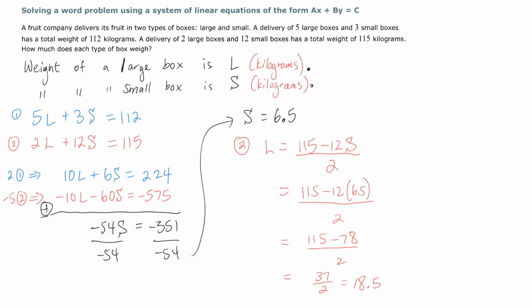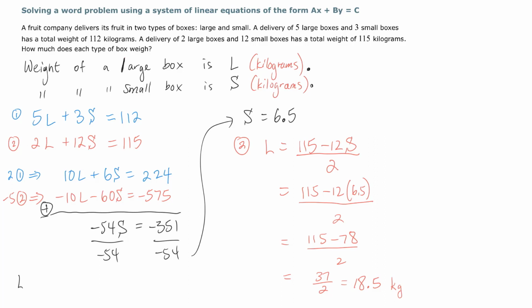Of course, don't forget your units. 18 and a half what? It's actually 18 and a half kilograms, right? So why don't we answer this in a complete sentence? It's always nice to write a summary here.